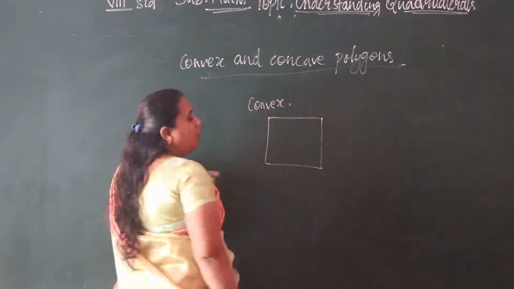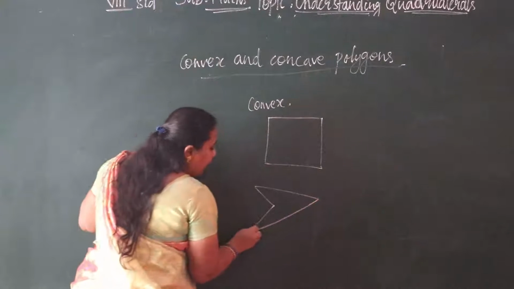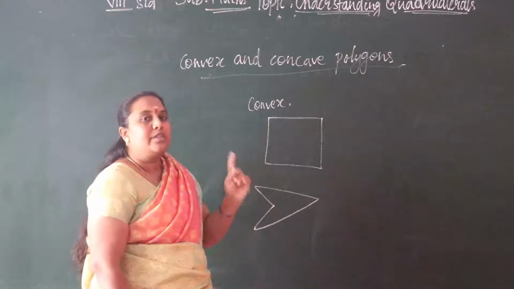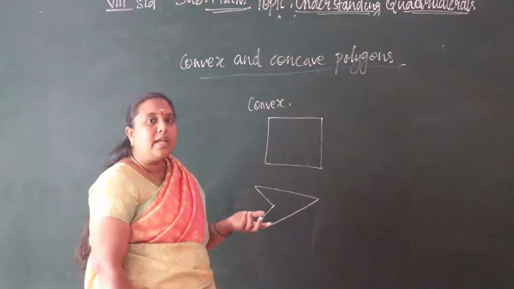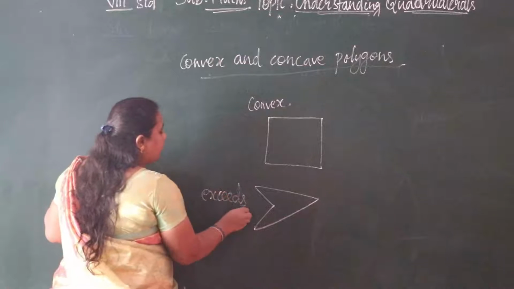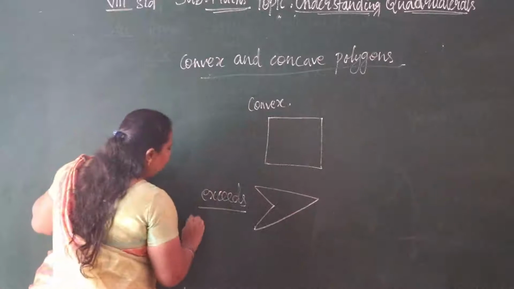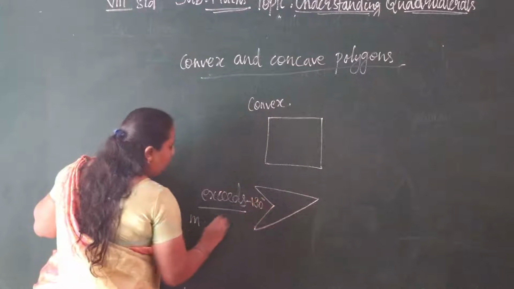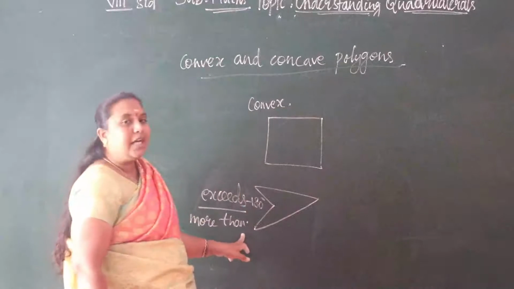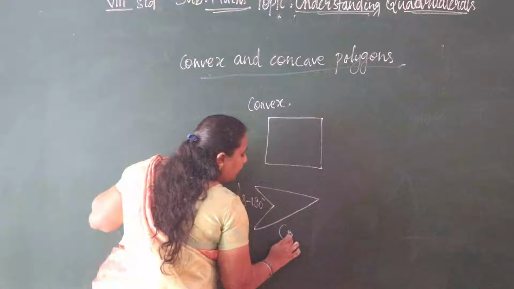And in a quadrilateral or polygon, if one angle exceeds 180 degrees, exceeds means more than, that is more than 180 degrees, we can say it is a concave quadrilateral, a concave polygon.